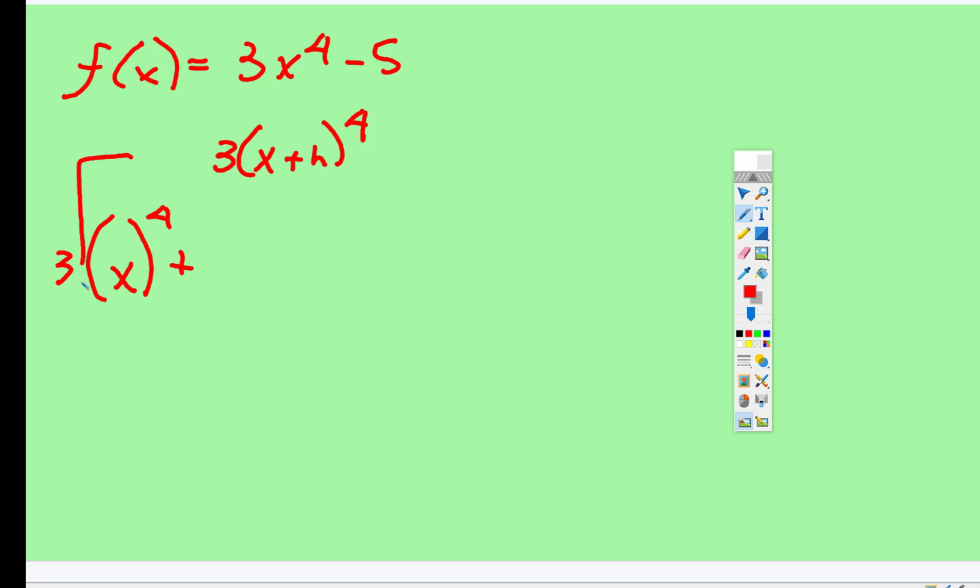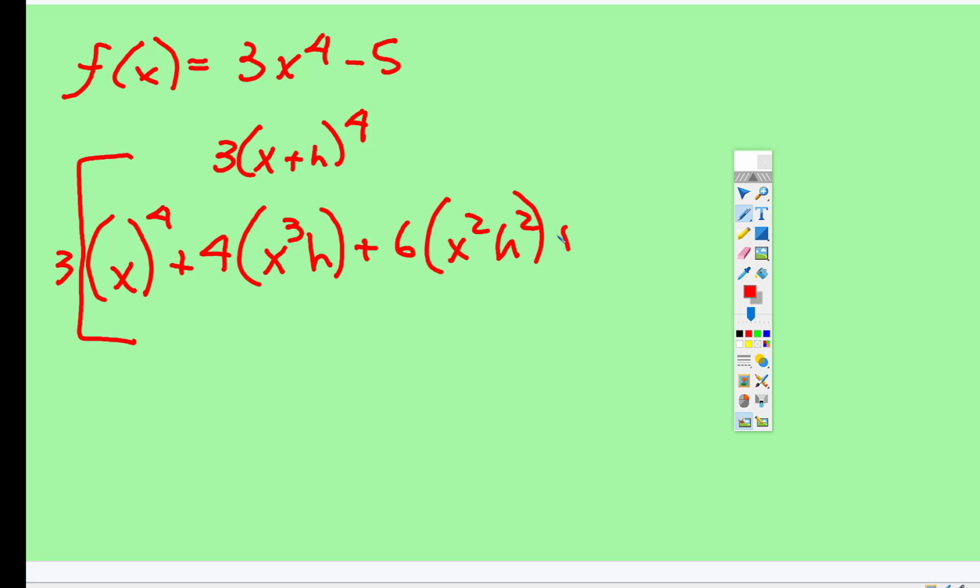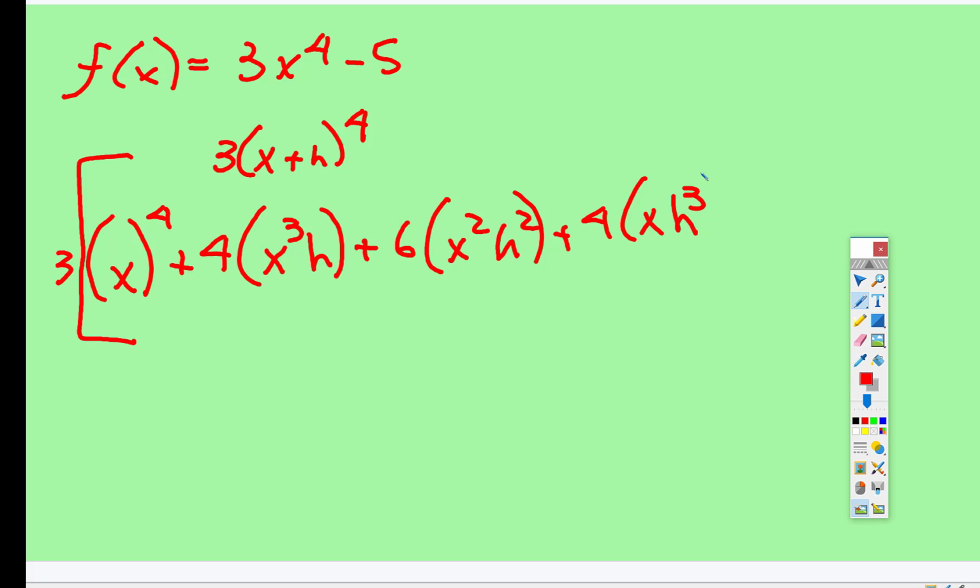I'm just going to leave a 3 on the outside so I'm not having to write it. Then that's going to be 4x cubed h plus 6x squared h squared plus 4xh cubed, really should have parentheses around those, plus 1 h to the 4th. And then it's 3 times all of that.